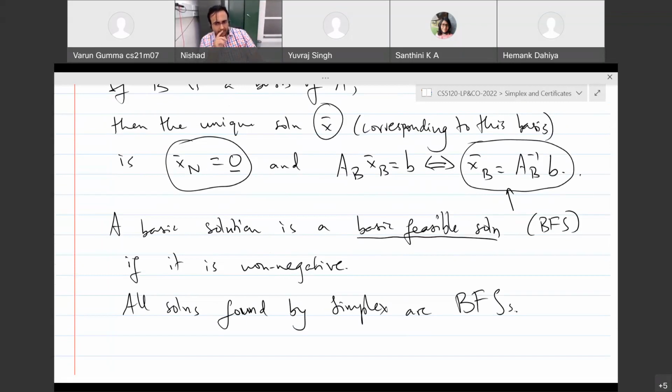We are always maintaining that our solution is non-negative. So not only are we finding basic solutions, they are always non-negative, which means that they are basic feasible solutions.